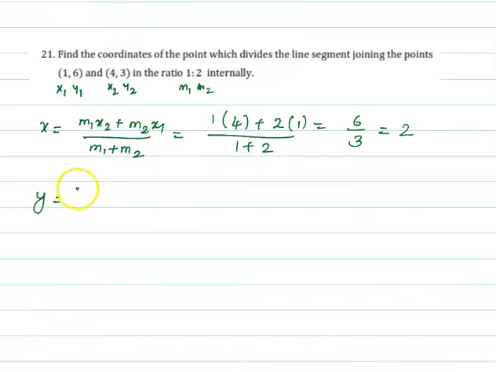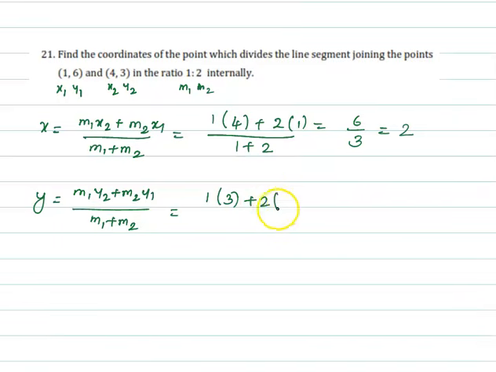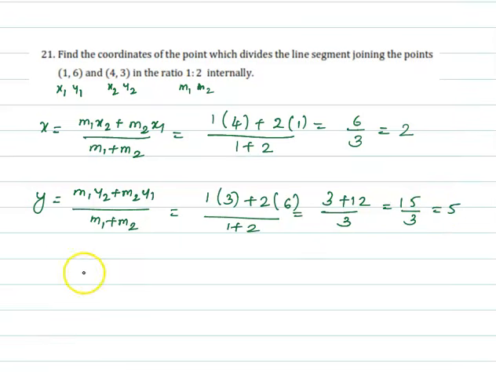Similarly, use the section formula to find the y coordinate. m1 y2 plus m2 y1 divided by m1 plus m2. So this gives 1 into y2, which is 3, plus 2 into 6, divided by 1 plus 2, that is 3 plus 12 divided by 3, 15 by 3, which is equal to 5.